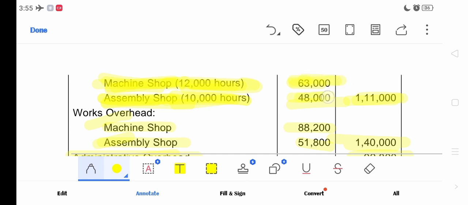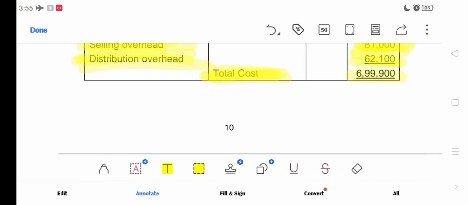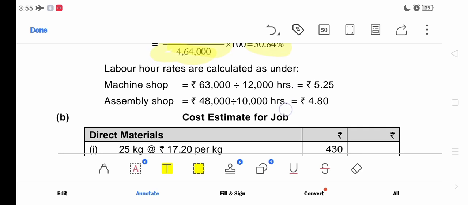So the amounts are also there, 63,000 and 48,000. So what is the direct labor hours? Direct labor is there, direct wages. So what is the wage rate, guys? For machine shop it is 63,000 divided by 12,000, and for assembly shop it is 48,000 divided by 10,000. Simple. Yes, that's what he has calculated here.